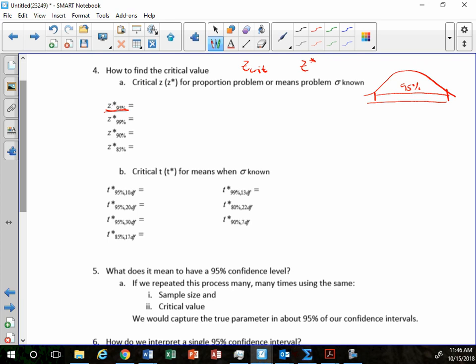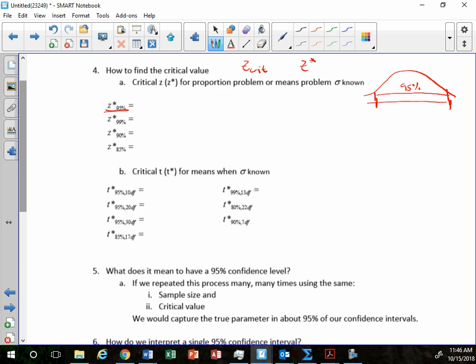I'm looking for the z-score then that is associated with either this point or this point. One of those is going to be a negative z-score, one's going to be positive. But remember, we're doing plus or minus, so it really doesn't matter which one you find, they're going to be equivalent. You can use the empirical rule, and you should know what it is.